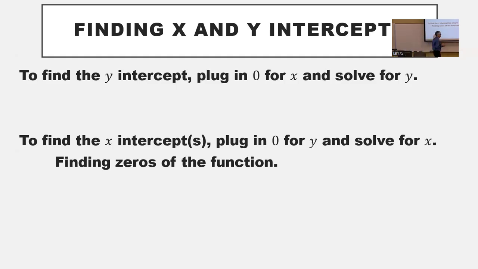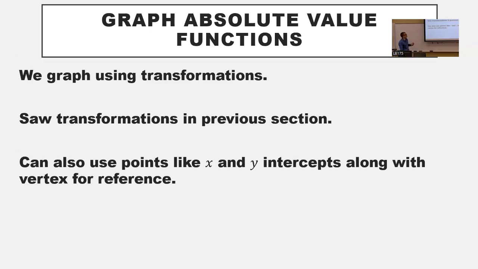So because we have these points, x and y intercepts, those are key points to any function, where we cross the x-axis, where we cross the y-axis. To find y-intercepts, plug in 0 for x. To find x-intercepts, plug in 0 for y. And solve. What this means for our absolute value function is that we're going to be solving absolute value equations after we plug in the 0, to find the x and y intercepts.